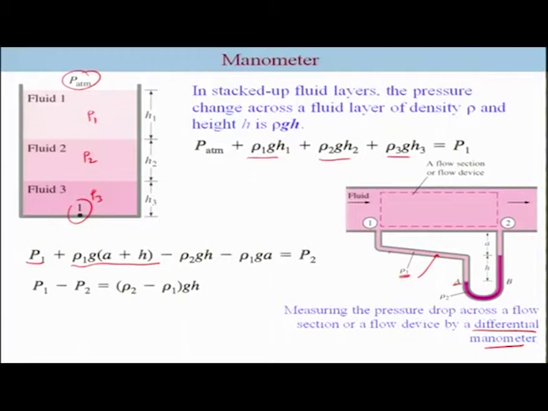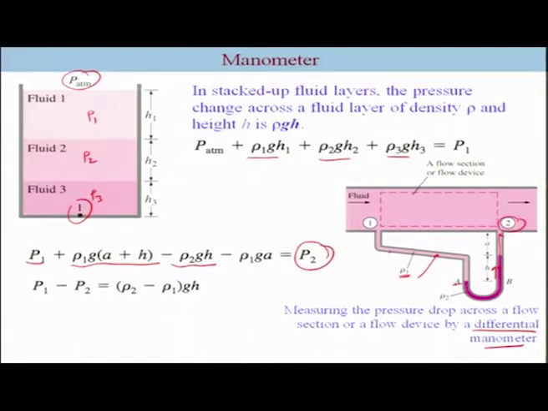Now, this PA is same as whatever is at PB. So, we go from here directly to here, and now we are going up in the direction. So, we are going to subtract the rho GH from this term. So, that will be rho 2, because this is rho 2 GH here. Now, from here to here we are going to subtract rho 1 GA, and thus we are going to find out the pressure at 2.